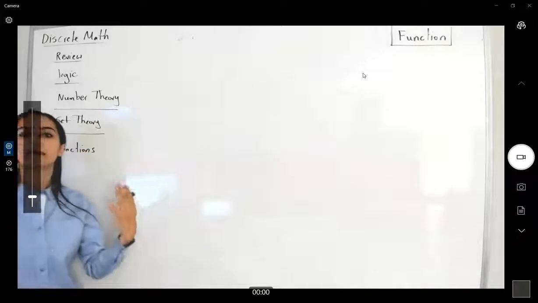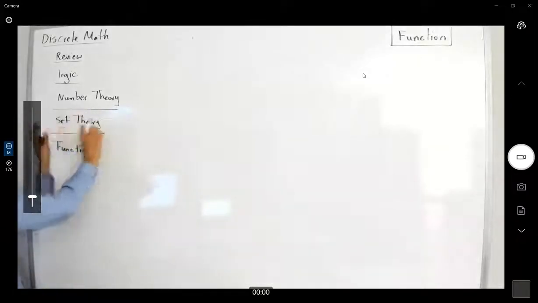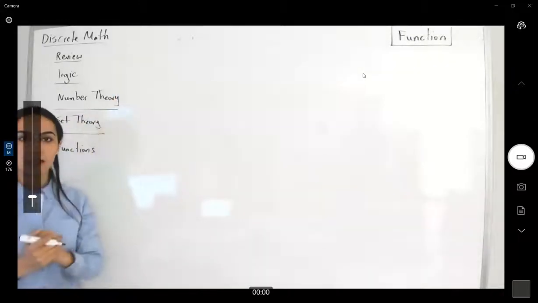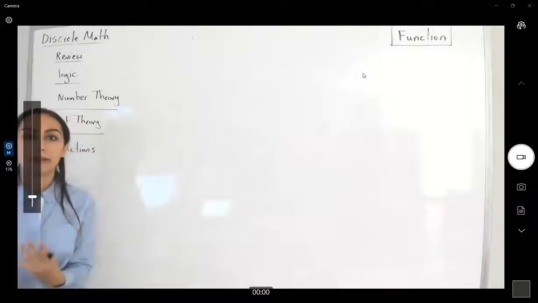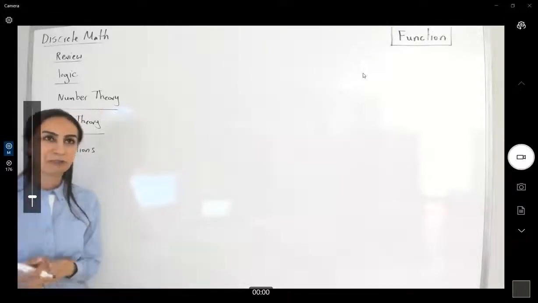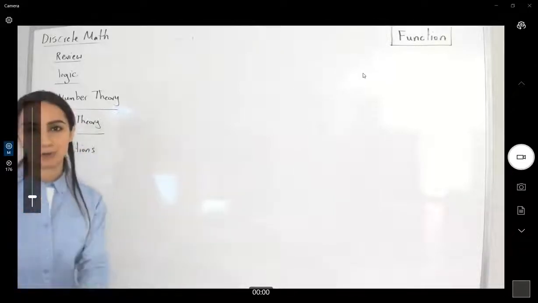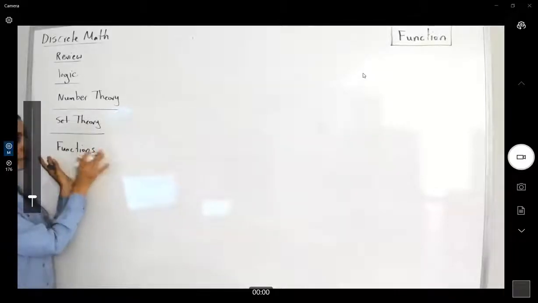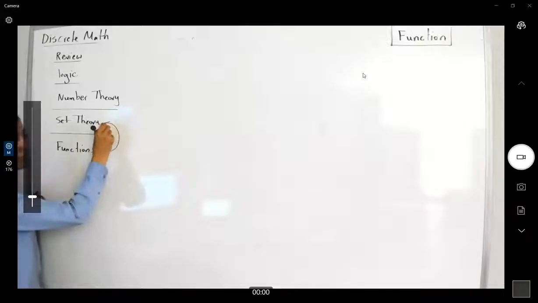Functions act like machines. They take in values from sets, and they make some changes, or they might not even make any changes to those sets, and they give us some outputs. So our focus is on functions on sets.